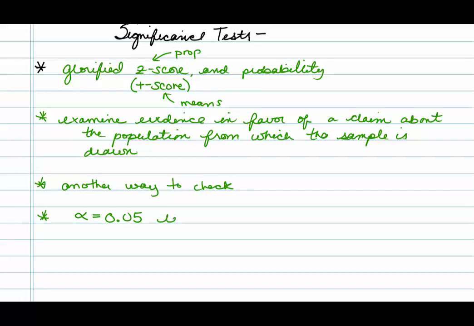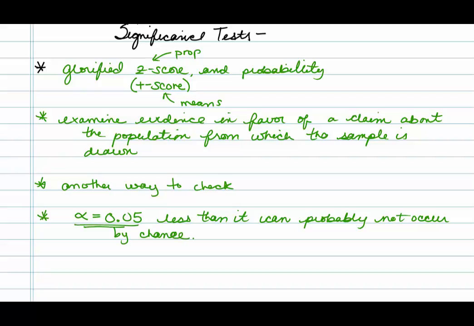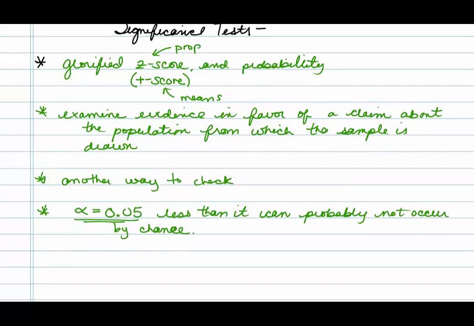So it can probably not occur by chance. And that's the key thing here, this 5% and seeing where it is.